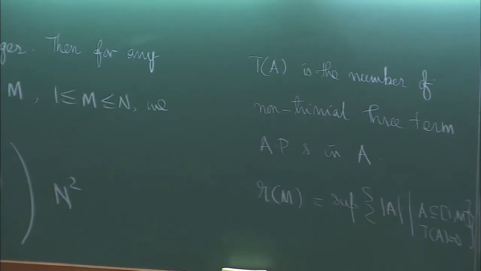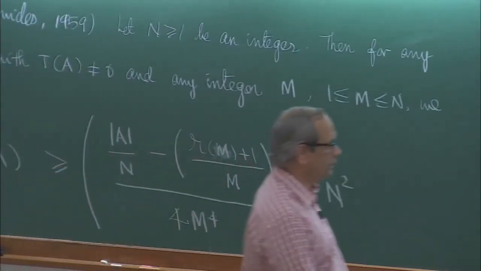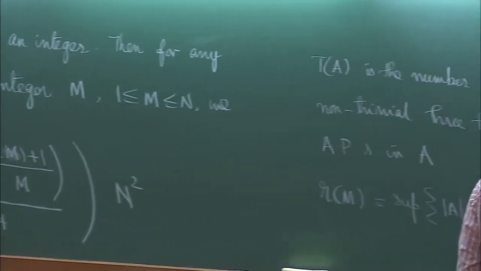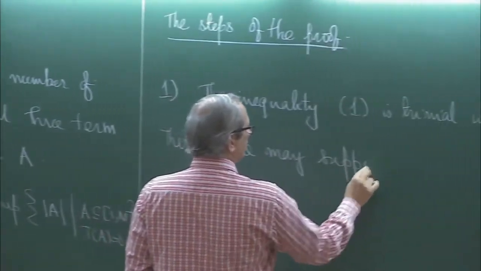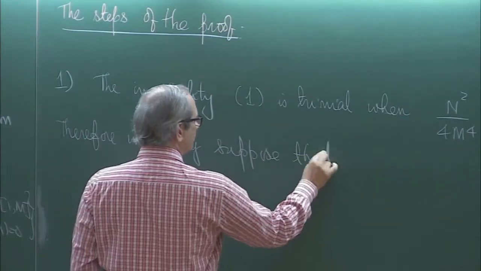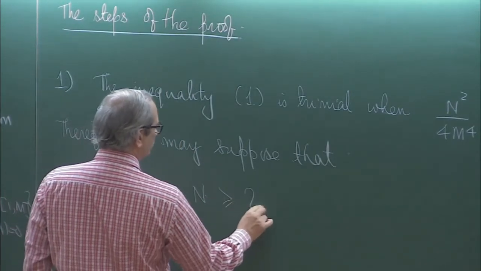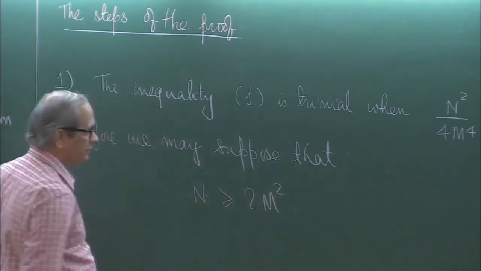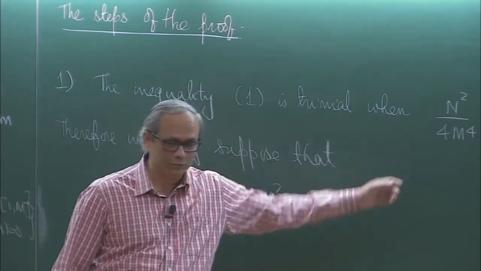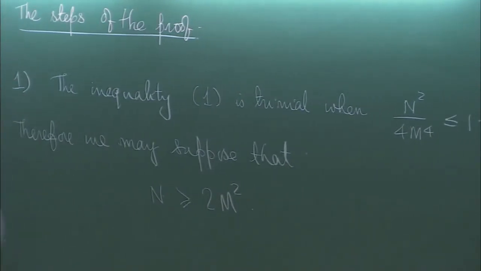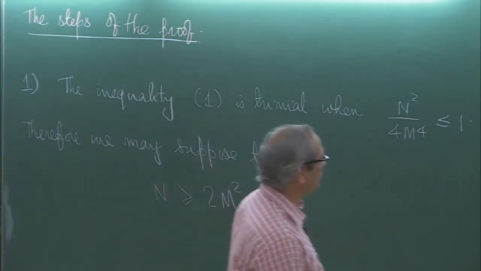So you see that the inequality is obviously true. Okay, so therefore we may assume that n is larger than or equal to 2m squared. Of course, I have swiftly computed the square root of both sides here. Okay, that's right. So we may assume that n is bigger than 2m squared.